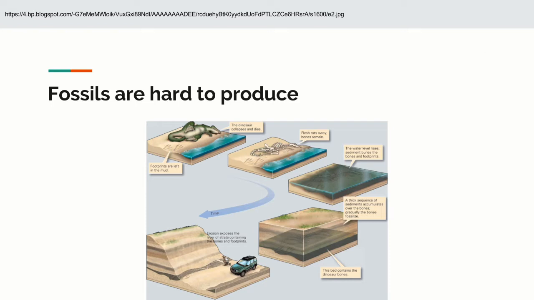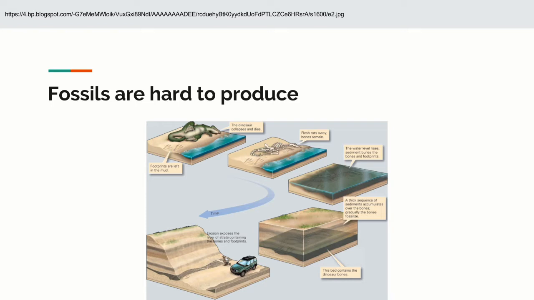What you have to do is have an organism die, and then it starts to decompose, or it gets buried. When it gets buried, it needs to be buried in very fine sediment, which typically is associated with water. So if you're dying in areas not associated with water, odds are you're not going to become a fossil.